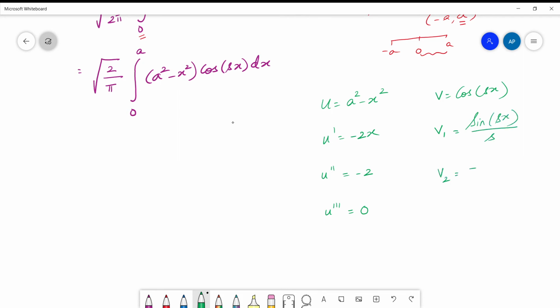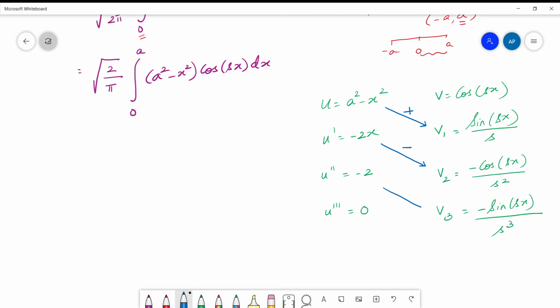V2 integral will be minus cos of sx by s into s, which is s square, and V3 will be minus sine of sx divided by s square into s, which is s cube. So we have now finished with the integration. We shall now combine the terms, place them with arrows using a plus sign, then the next arrow with a minus sign, then the next arrow with a plus sign. So we have completed with the Bernoulli rule simplification.